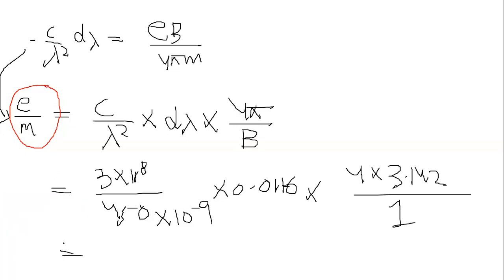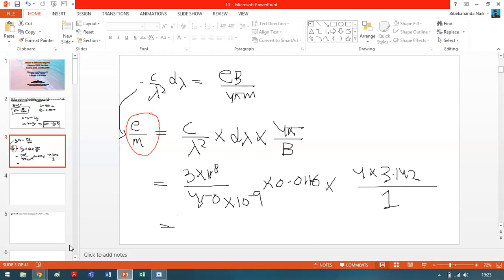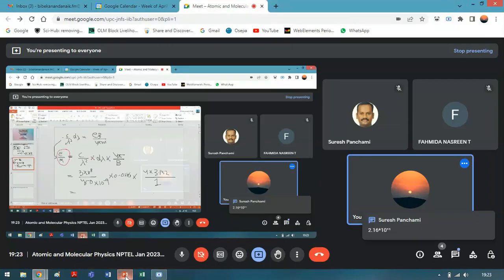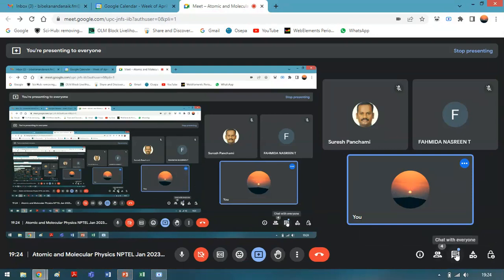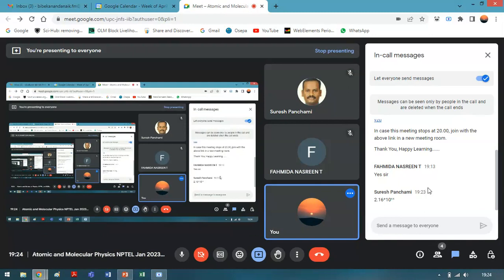Did anyone calculate the value? So what will be the unit of this ratio? Yes, it will be coming somewhere near this value.